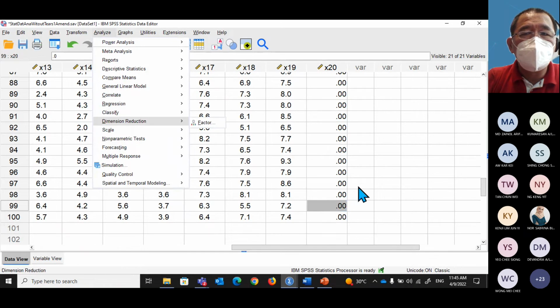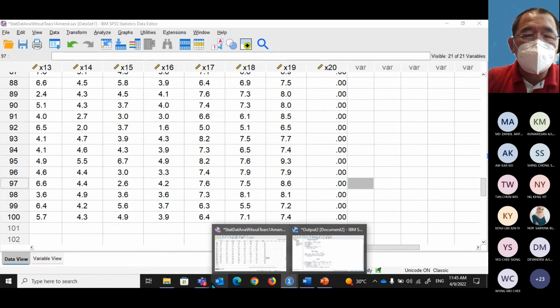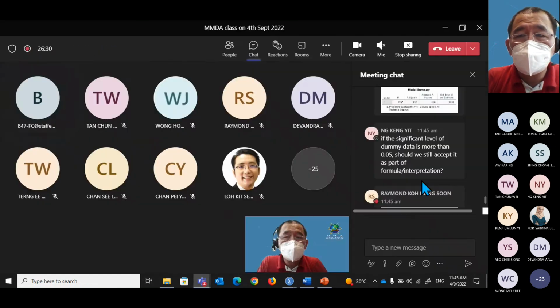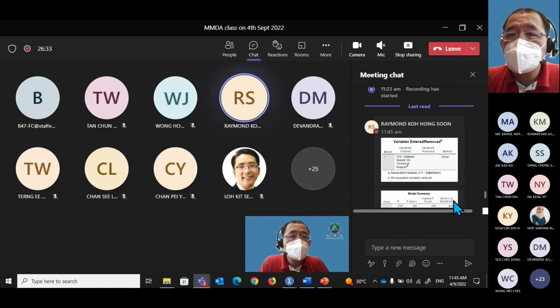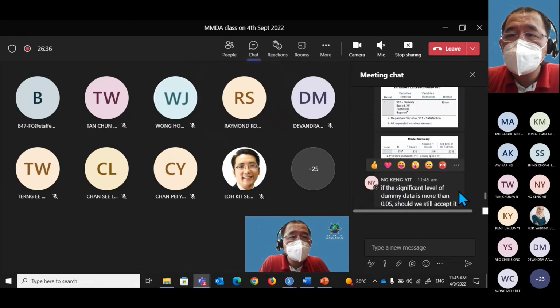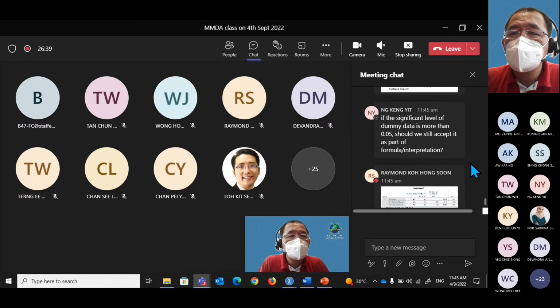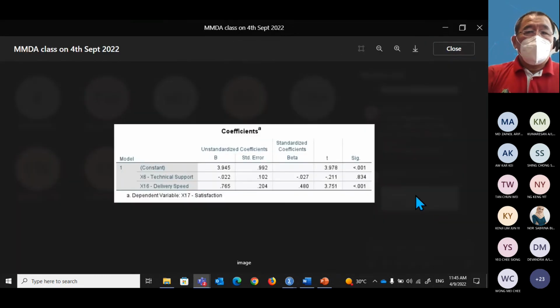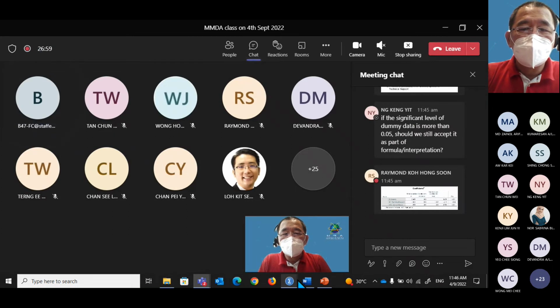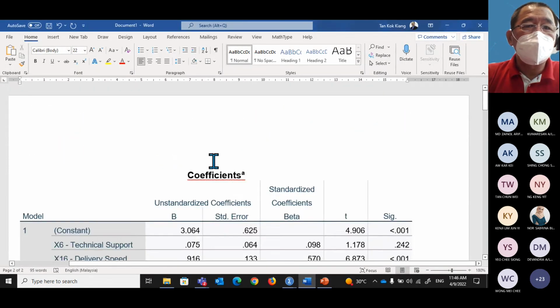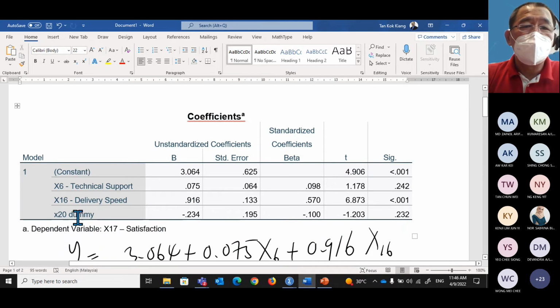Okay, show me the coefficient table. No, you did not put in the dummy. Can you see? Your coefficient table has no dummy. For me, I put in the dummy, therefore it is different. You see, I got the dummy here, X20. Let me try again.